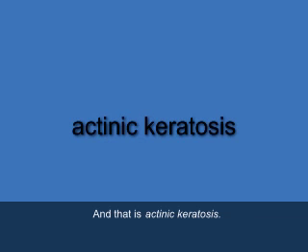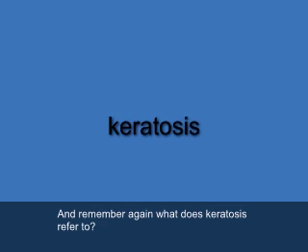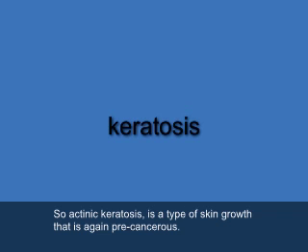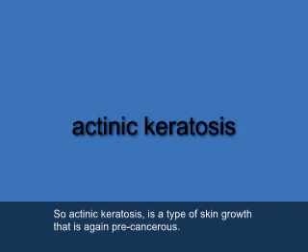Actinic, and then keratosis. And remember again, what does keratosis refer to? Well, that's any skin growth, right? So actinic keratosis is a type of skin growth that is, again, precancerous.